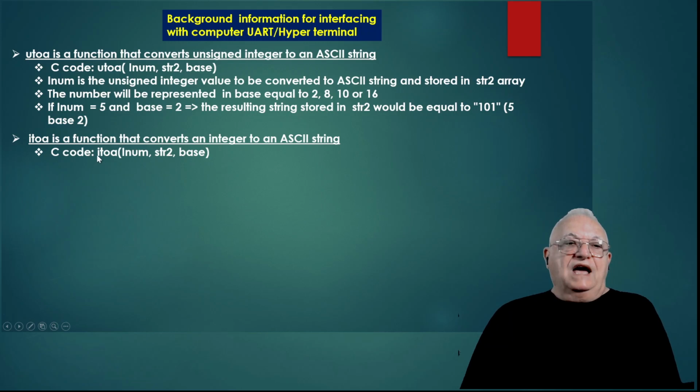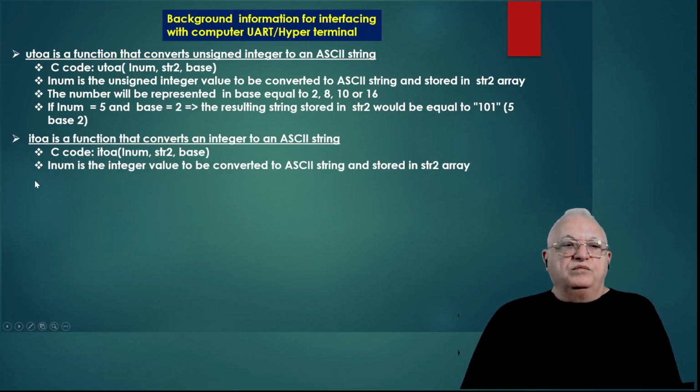We would write ITOA, open parentheses, enum, comma, str2, comma, base. The enum is the integer value to be converted to an ASCII string and stored in the str2 array.